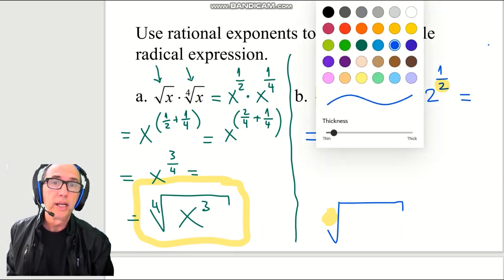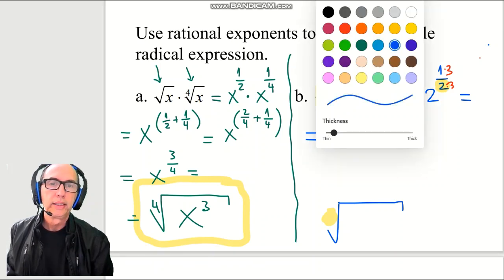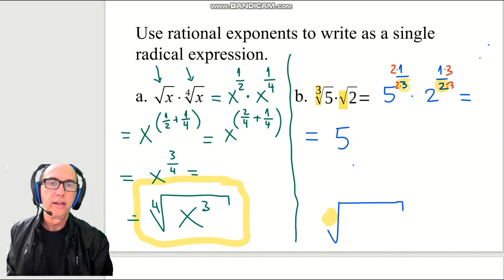Then you'll be able to have the same index. Yes, least common denominator, 6. So 2 times 3 is 6, and 3 times 2 is 6. We can say this is 5 to the power of 2 over 6 times 2 to the power of 3 over 6.